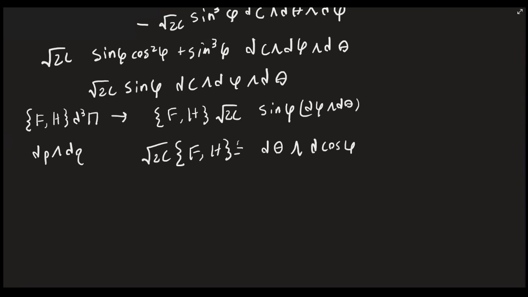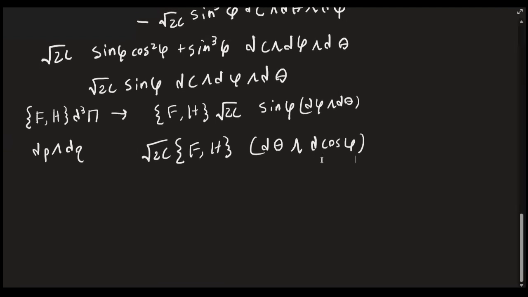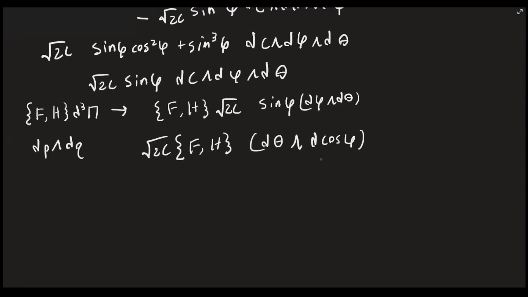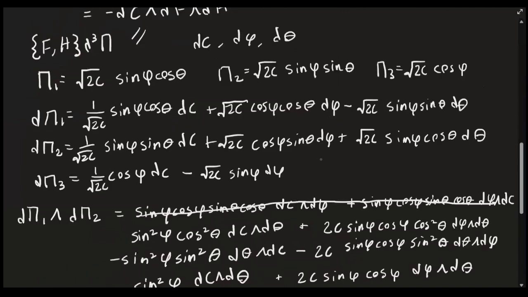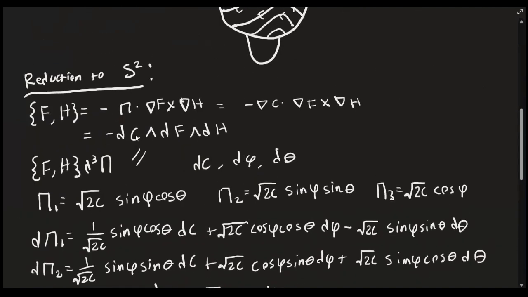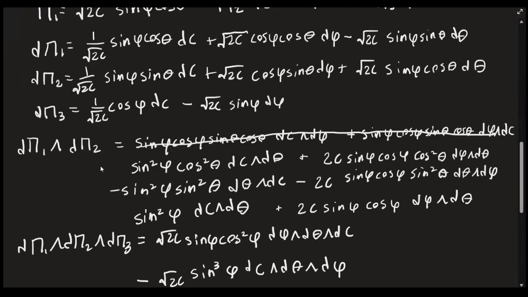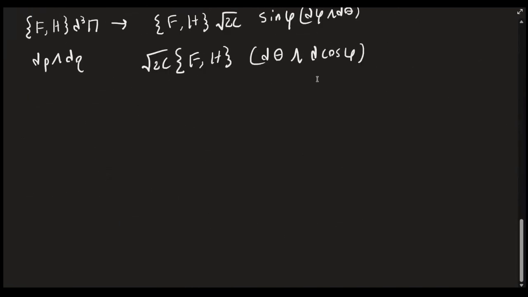Or sorry, I don't know why I put an equals there. It's just times. This is the area form now, right? Because when you take the derivative, you pick up a negative sign, but I swapped the order. So, okay, our bracket went from being a Poisson bracket volume form down to a Poisson bracket area form.